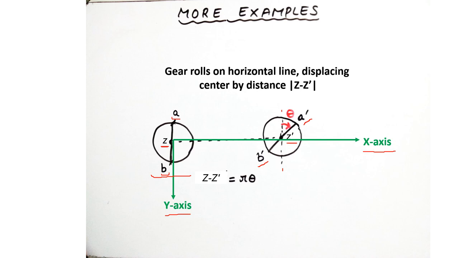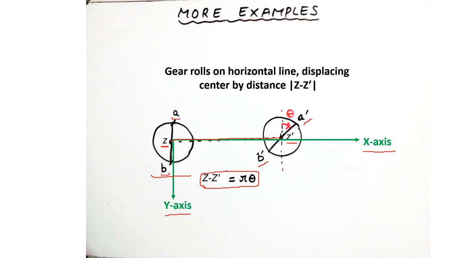What is the distance between Z and Z prime? Well, that is just r times theta, where r is the radius of the planet gear and theta is the angle made with the y-axis. This expression is true because the center has been displaced perfectly along the x-axis.